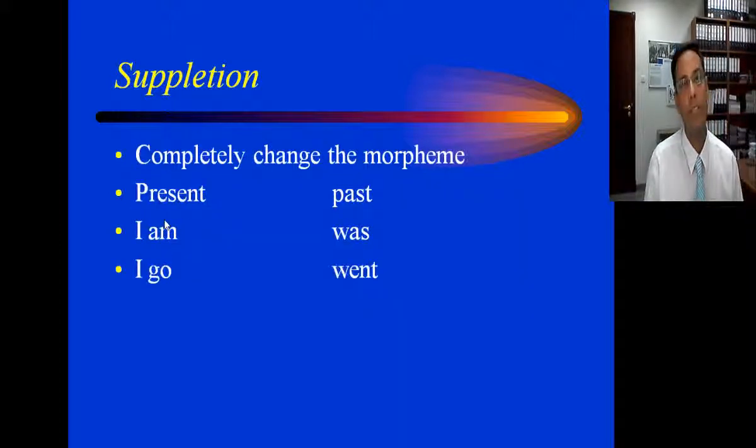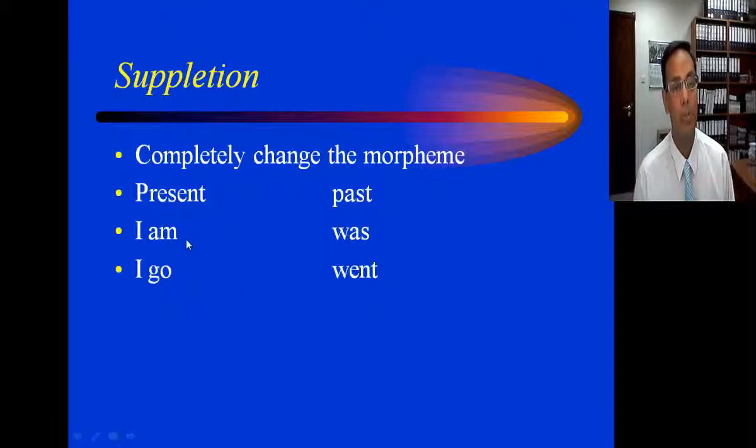Let's move to the next section, suppletion. Suppletion means completely changing the morpheme. Sometimes the morpheme is substituted with another morpheme. For example, am, I am. To form the past, we do not add ed.